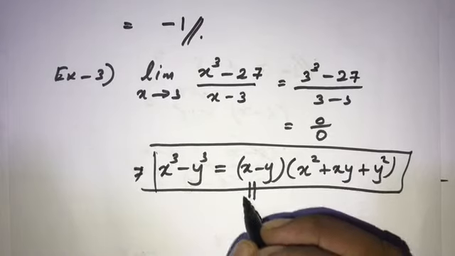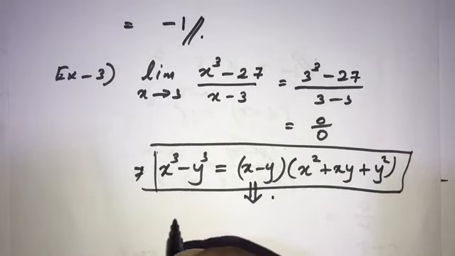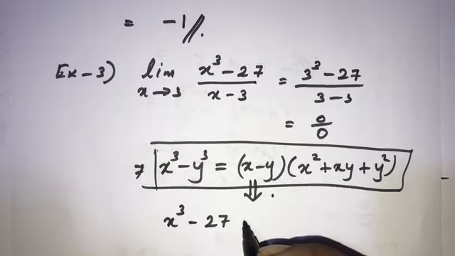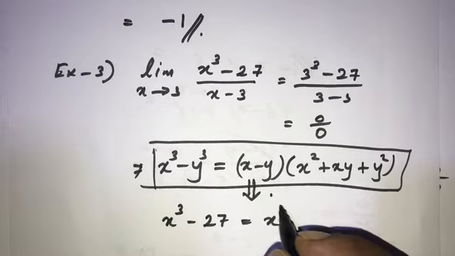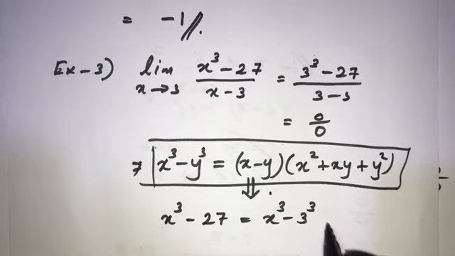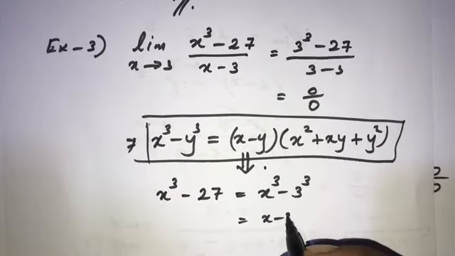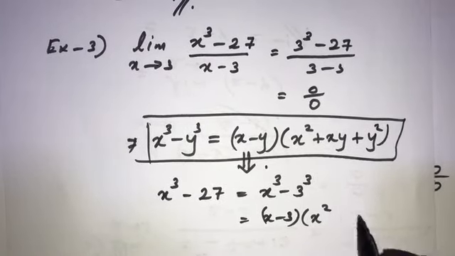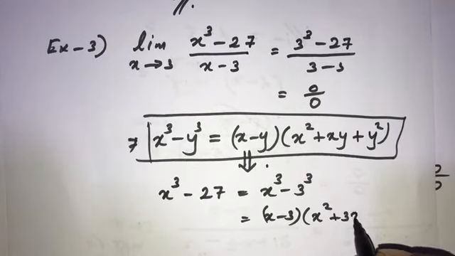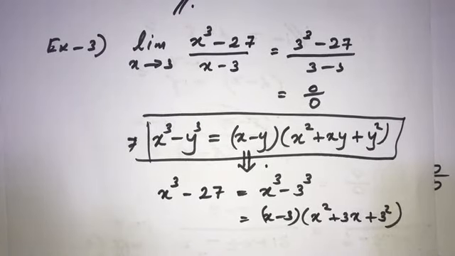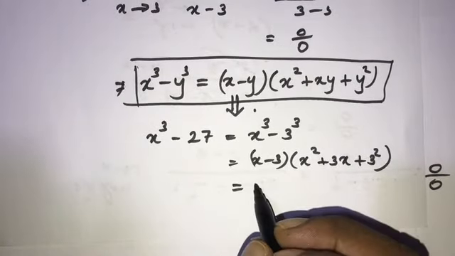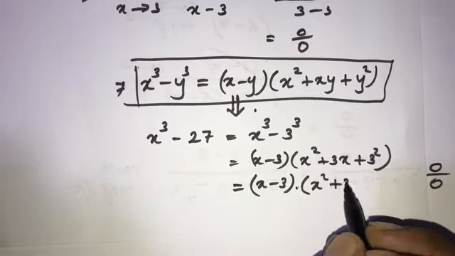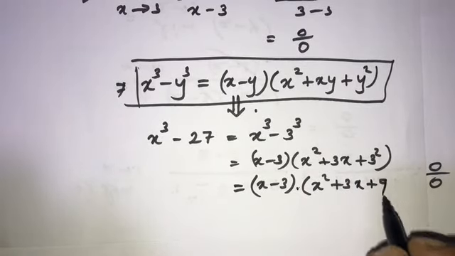So applying this formula, we can factor x cubed minus 27, which is x cubed minus 3 cubed, as x minus 3 times x squared plus 3x plus 3 squared. So this is equal to x minus 3 times x squared plus 3x plus 9.